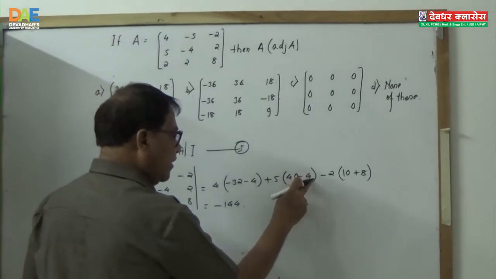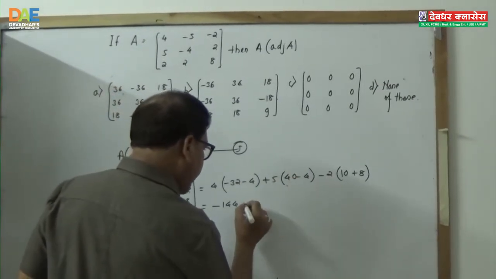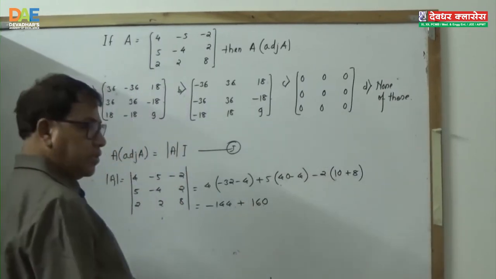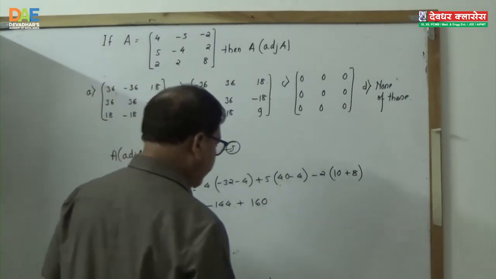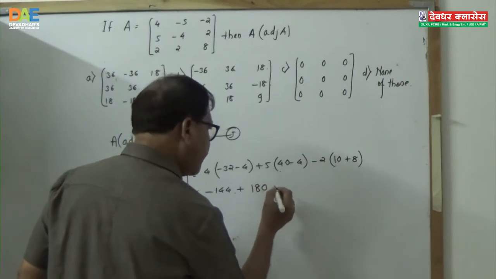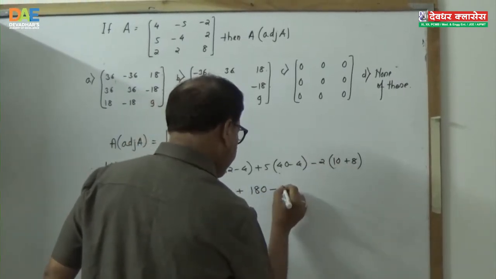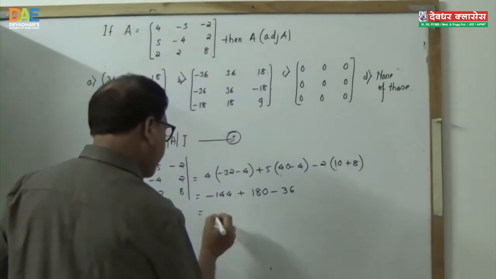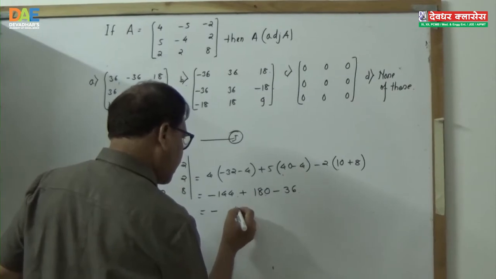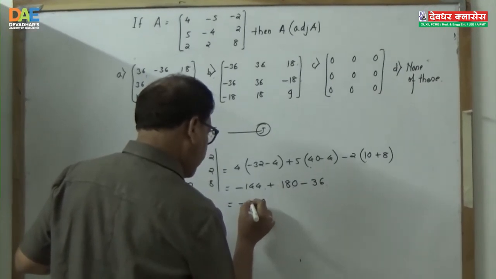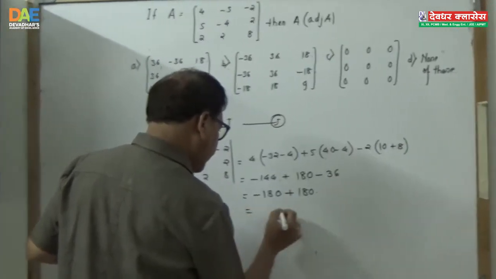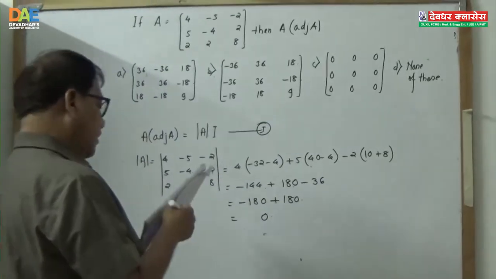40 minus 4 becomes 36, 36 fives, that is 180, and 18 minus 36, and that is equal to minus 180 plus 180, the value is equal to 0.